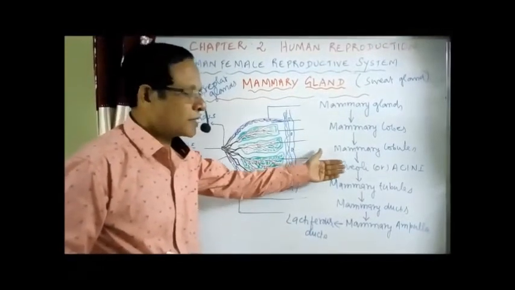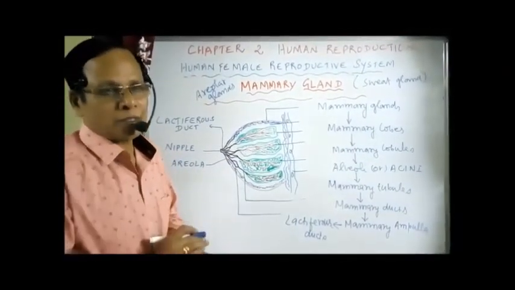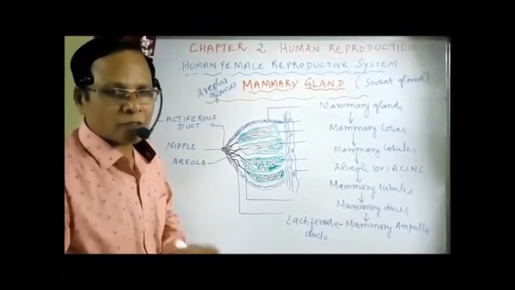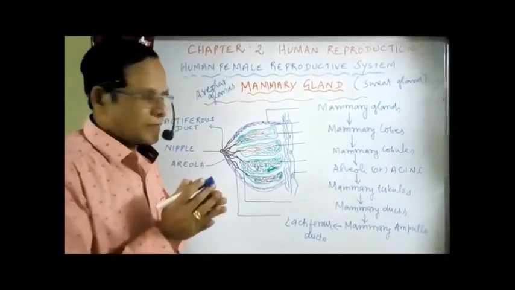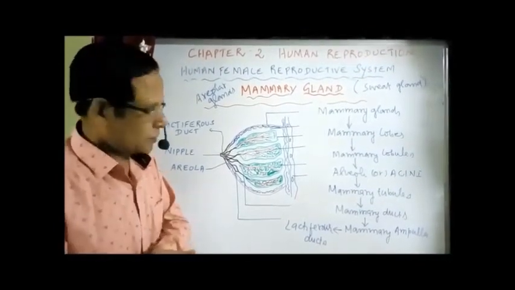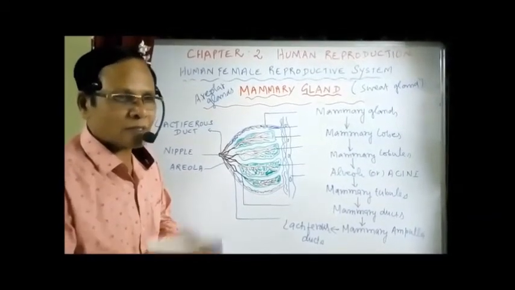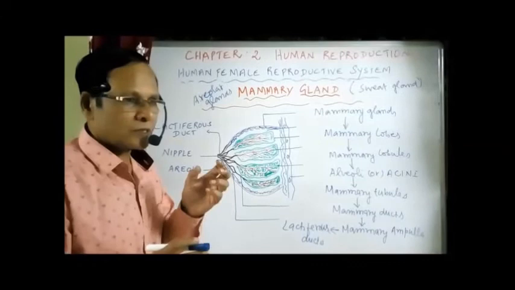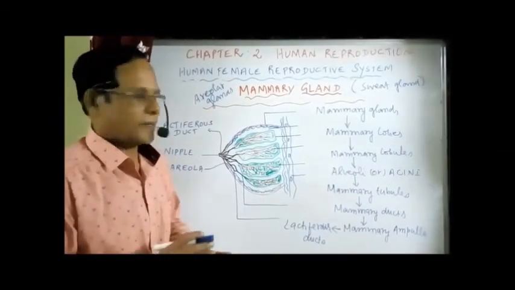and each mammary lobule contains alveoli or acini, which are lined with cuboidal epithelial cells which secrete the milk. They are also provided with myoepithelial cells, because they have muscle filaments responsible for pushing the milk into the duct.